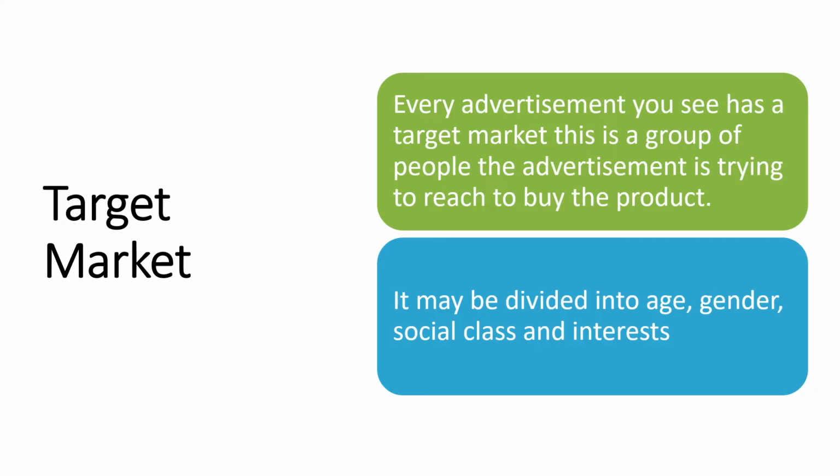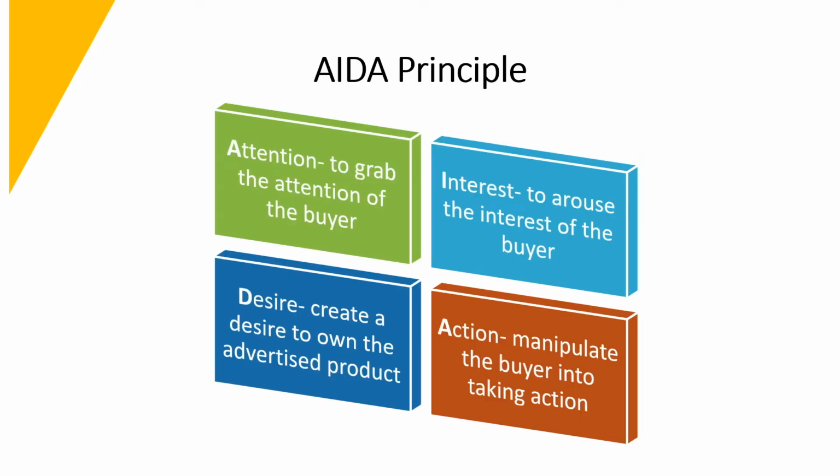Advertisers do not only create advertisements for a certain group, but they have a certain principle that they use to make sure that advertisements are more successful and they prompt buyers to actually get the product. And this principle is referred to as the AIDA principle.